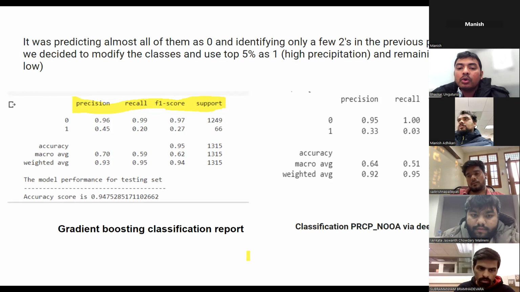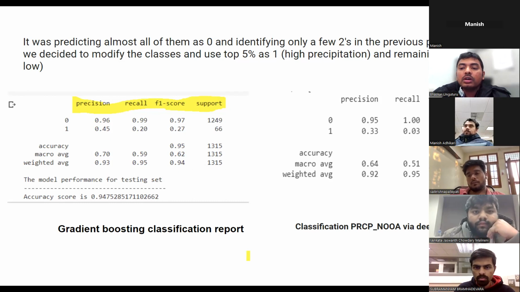What I conclude is that it was predicting almost all of them as 0 and identifying class 1 only once in a while, because there is not much training data and mostly anomalous data. So we can conclude this as a not-working feature.